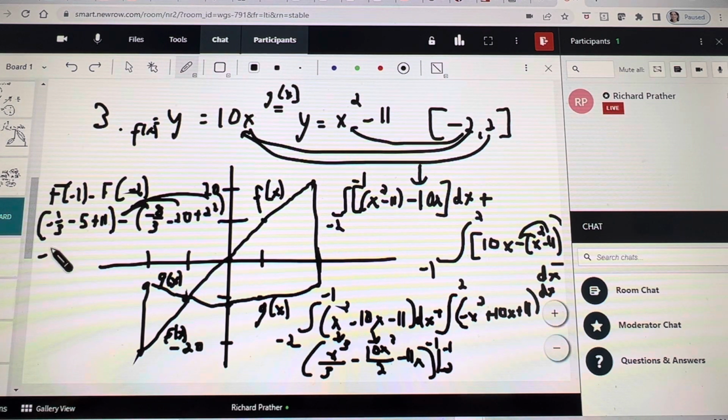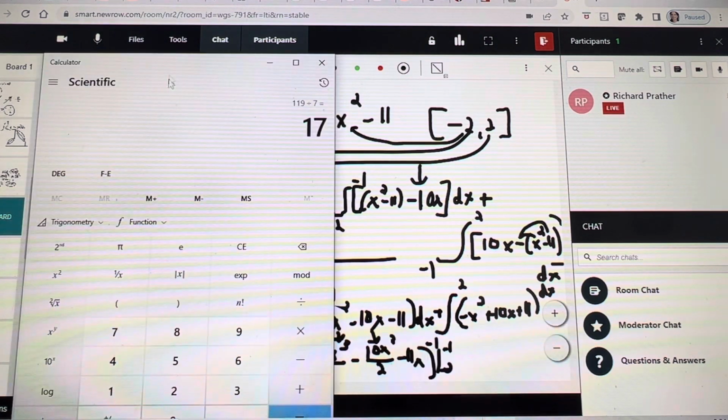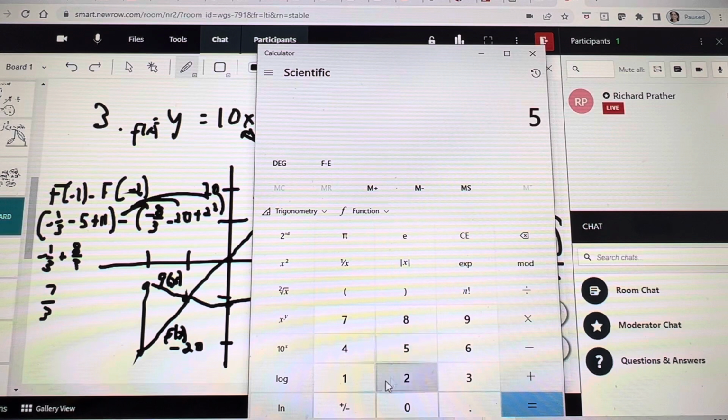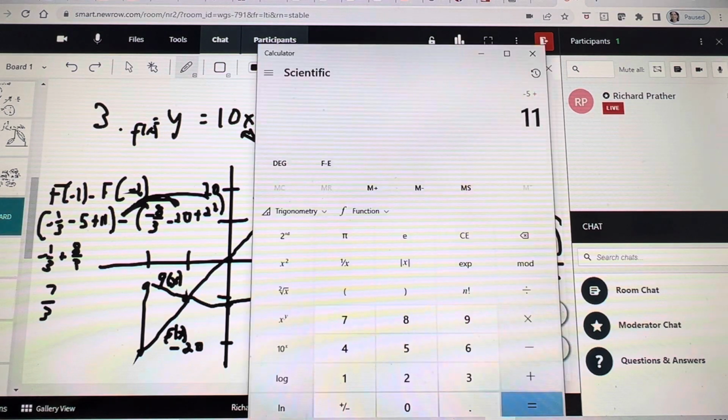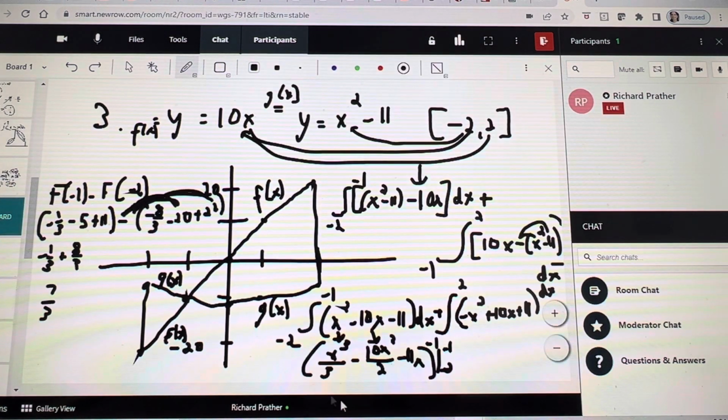So I've got a -1/3, and this is going to turn into +8/3. So that much is 7/3. And then there's a -5, a +11, -5 plus 11. This -20 will be a +20. And then this -22.